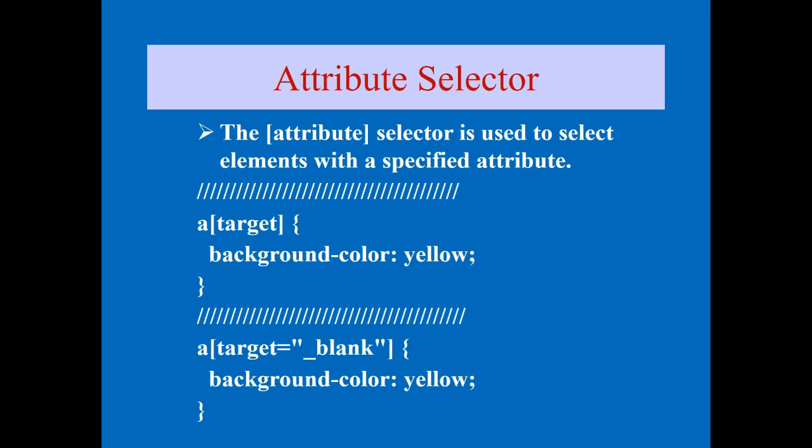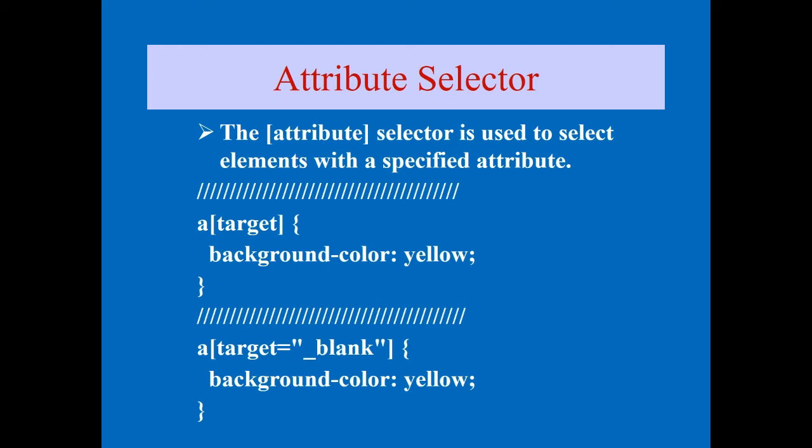So a, bracket target, close the bracket, start curly bracket, background-color yellow. In the same way, if you want it along with a particular value of that attribute, target is the attribute, and one value is _blank, like _top. So I put the value _blank, and background-color: yellow.